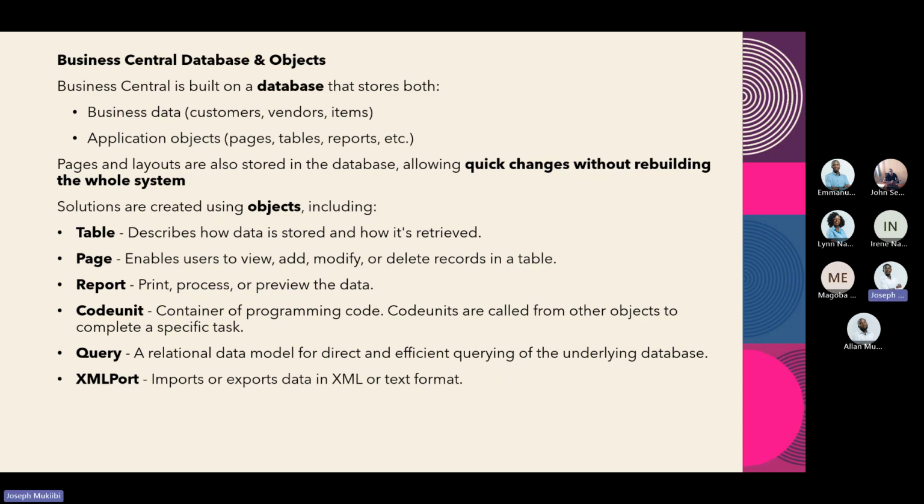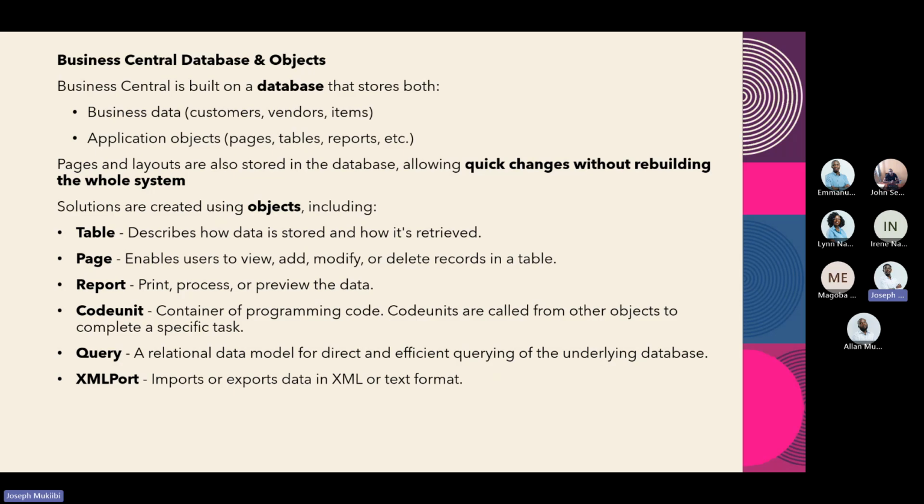Then codeunits, which are just a container for programming code, where I put our functions, and those codeunits are called from other objects to complete a specific task. Like we have the calculate payroll codeunit, where we write a number of functions and then we access them on the different pages.